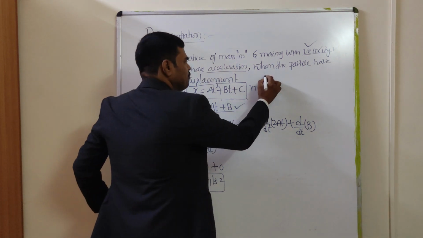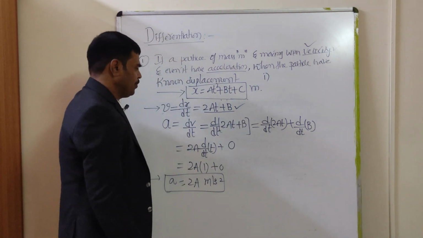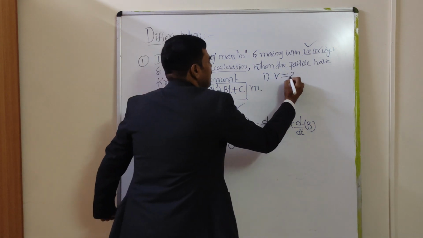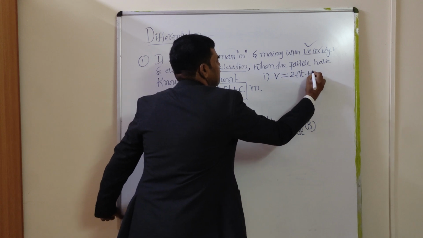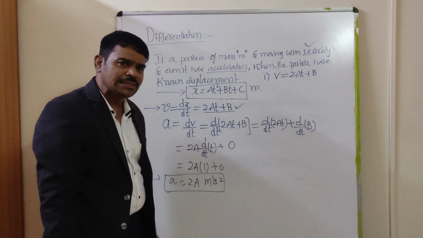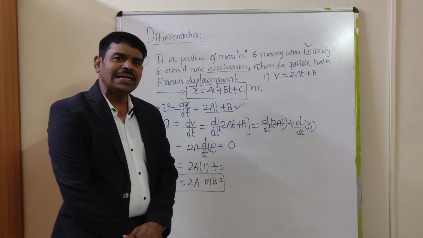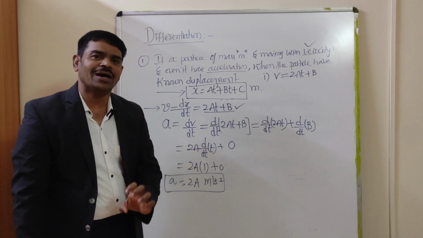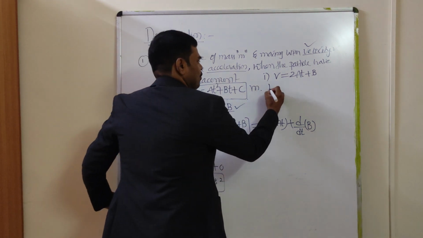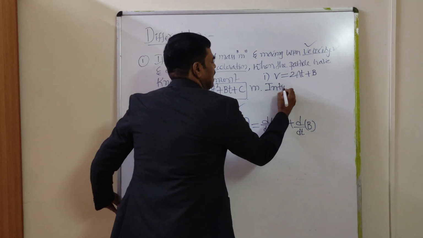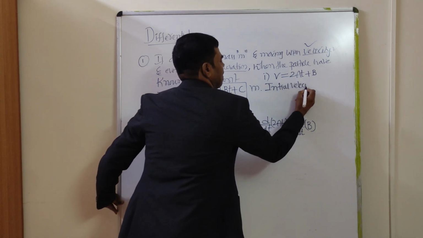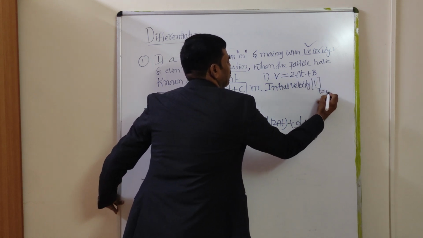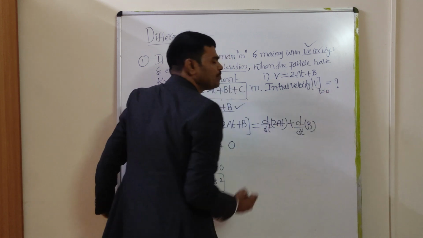So now I will ask you one small question, all of you. You know what the velocity is so far. What is the velocity? 2at plus b. Now the question for you is, what is the velocity at time t equals 0? That we can call the initial velocity of the particle. First point is, what is the initial velocity? v at time t equals 0 is question mark.